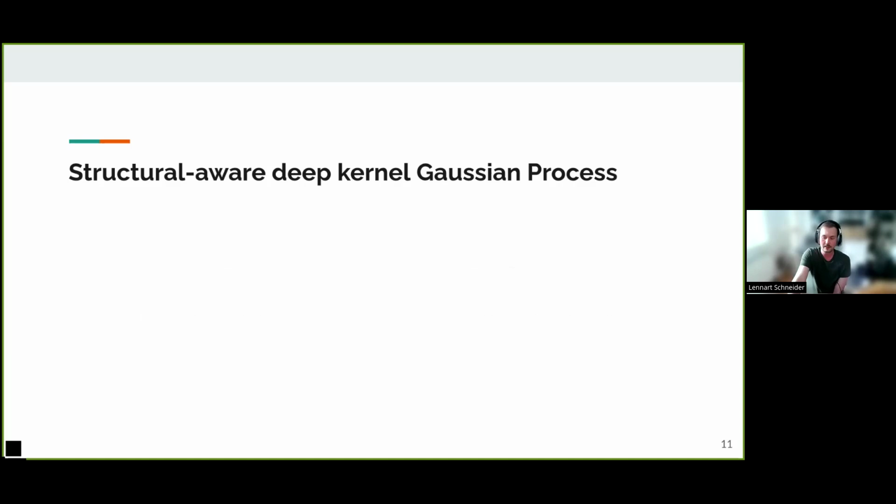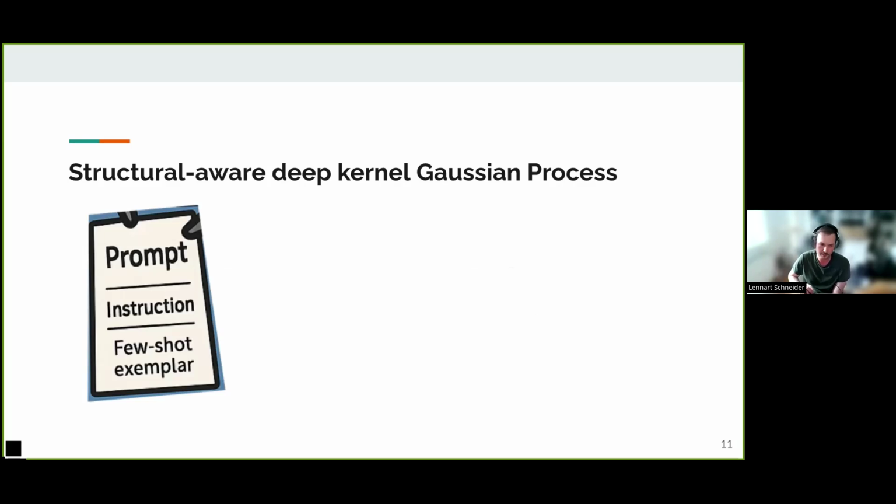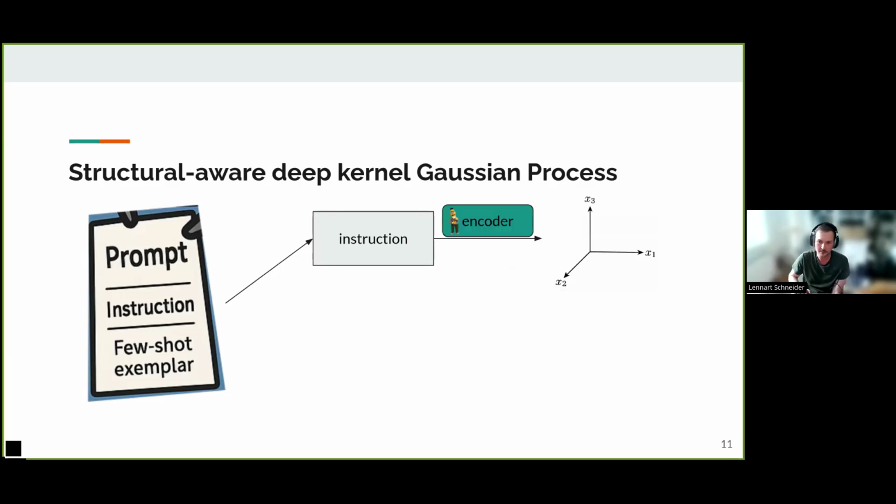Okay, now the first part, what we call the structural aware deep kernel Gaussian process. On a high level, it's quite simple to explain. You have the prompt composed of instruction and featured exemplar. These are the building blocks, and this is natural language. So you start by taking it apart, take the instruction, use a pre-trained encoder model, which can be a small one, for example BERT, and obtain a numerical representation.